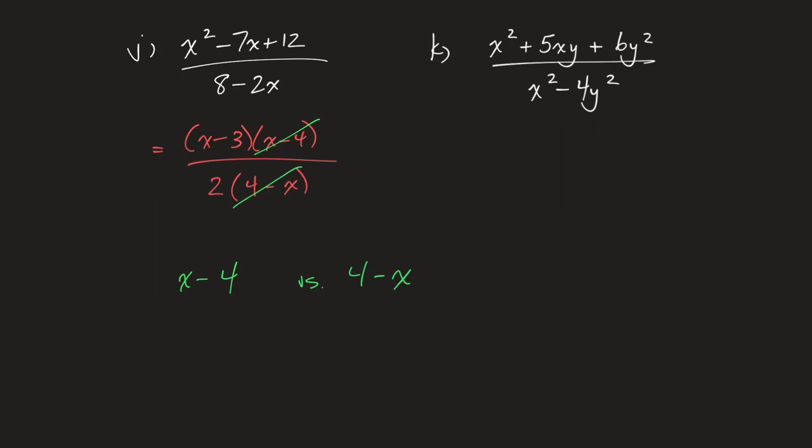If I was to sub in an x value of 3, my first expression equals -1, my second expression equals 1. They're not the same thing. More importantly, you can see that because the signs are different on each term. In the first, I have a positive x, in the second a negative x; first a -4, second a positive 4.